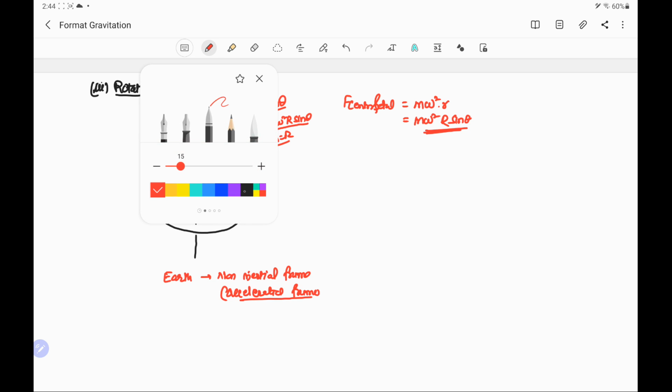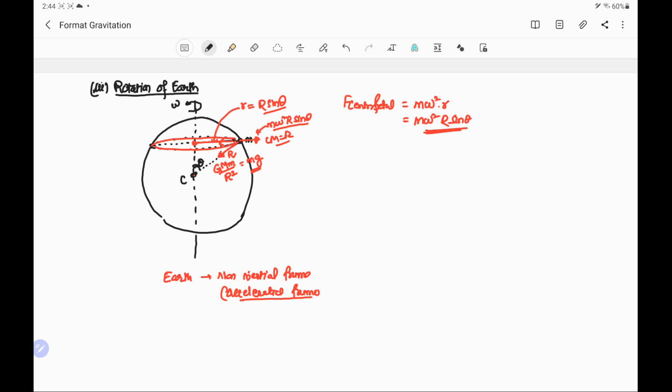We take two cases. In general, the net force will be the vector sum of these two. We take two special points. One is on the equator. This line through the middle, passing through the center, is called the equator. At the equator, the forces are acting in opposite directions.